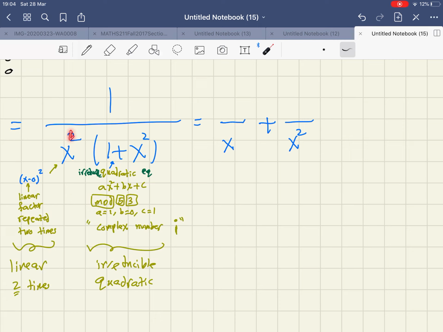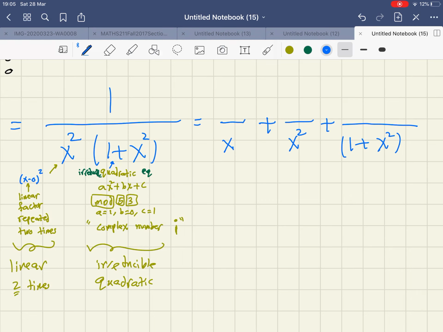If it is x to the power 5, this will be x, x squared, x cubed, x to the 4, and x to the 5. And then, because we have an irreducible quadratic, this will be 1 plus x squared, and it's only repeated 1 time.